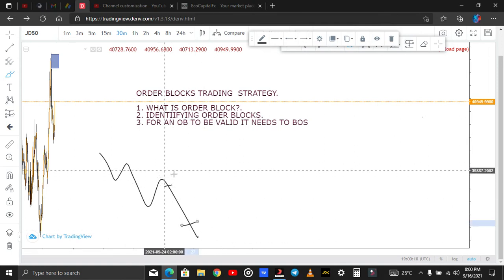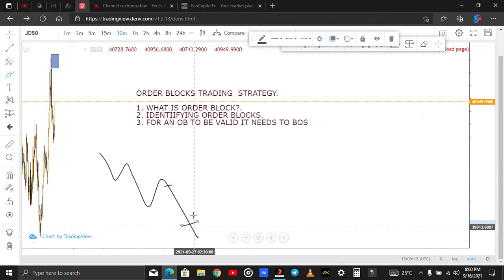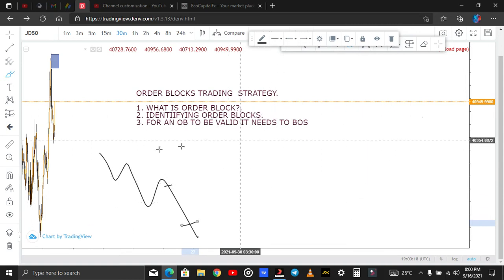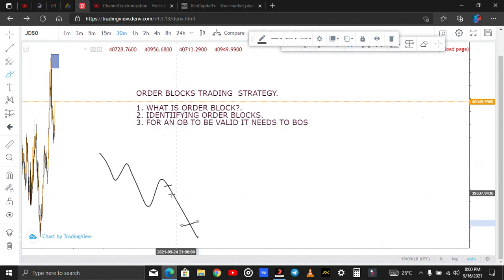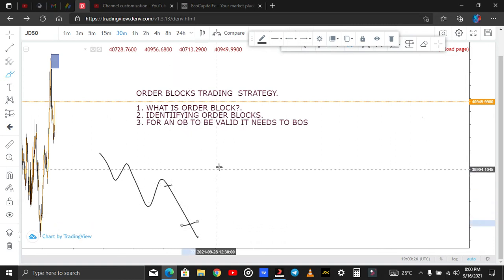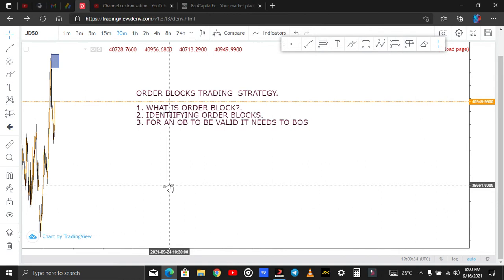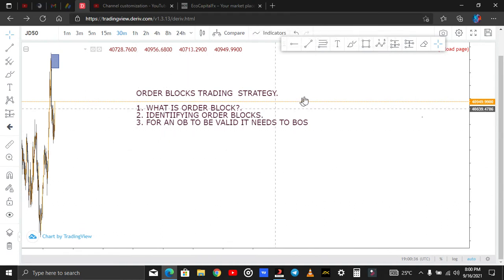So we retail traders, with our micro lot size of 0.01, or 1 lot, or 2 lots, or those kinds of trading accounts, cannot make price move from one point to another. Institutions or banks are the only ones that have the capacity to move price with such volume.